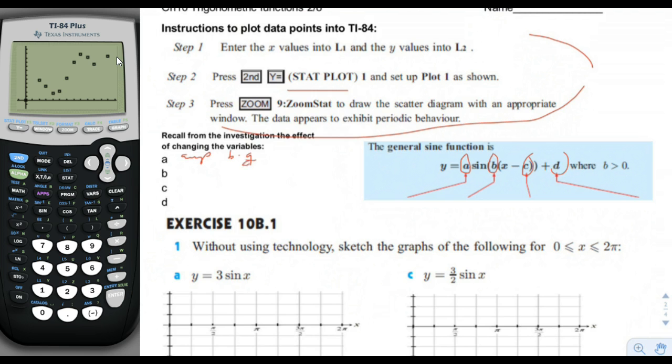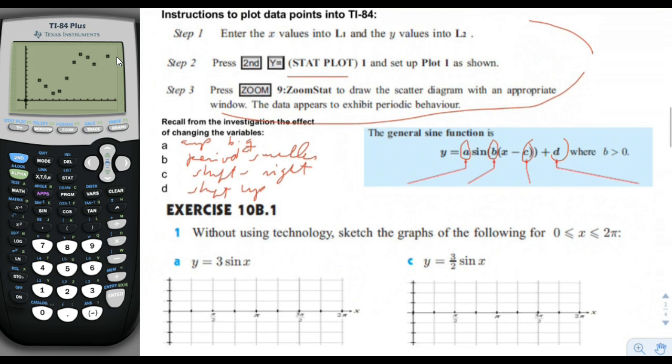B makes the period smaller. If you make B bigger, the period gets smaller. C shifts to the right if you make C bigger. And D makes it shift up.